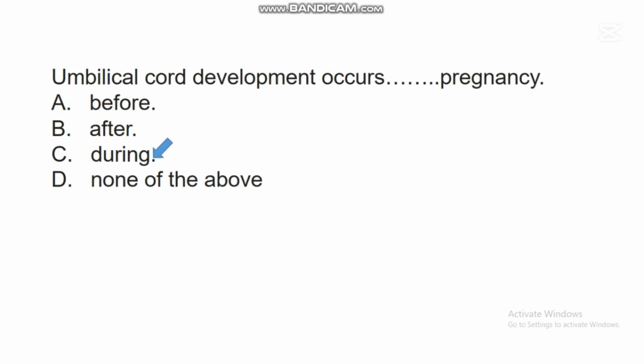This umbilical cord is a temporal structure that develops during pregnancy in a woman. This structure is not found in any woman that is not pregnant. So it is only found in pregnant women. Umbilical cord cannot be found in women that are not pregnant. So it only plays a role during pregnancy.